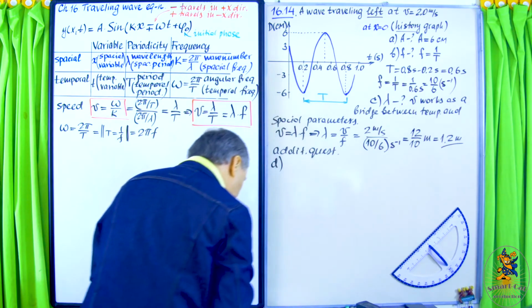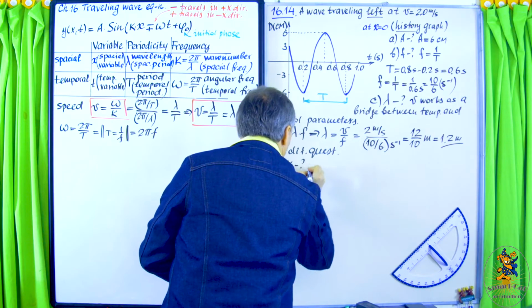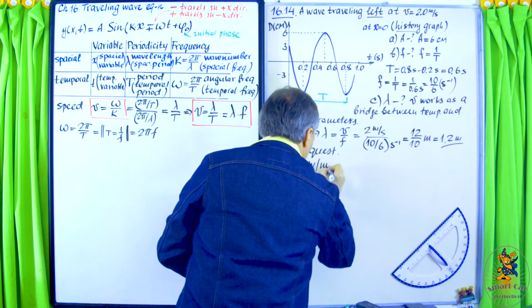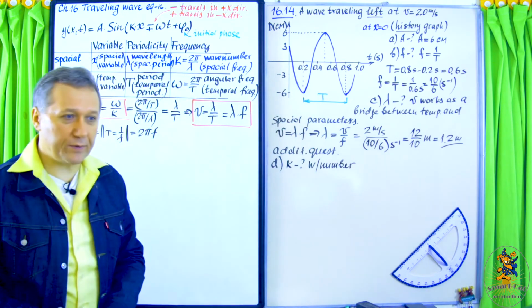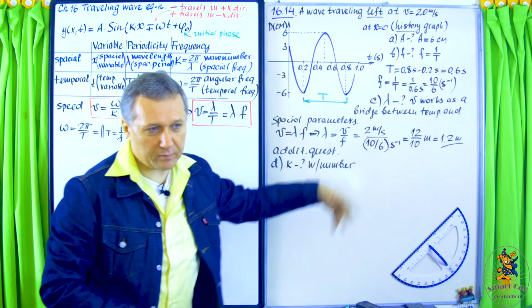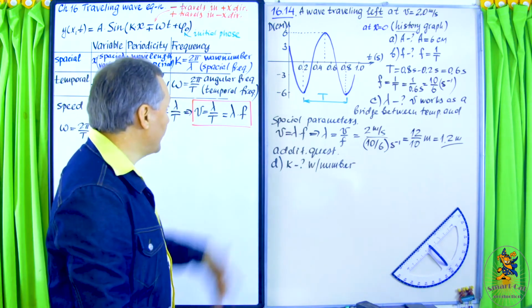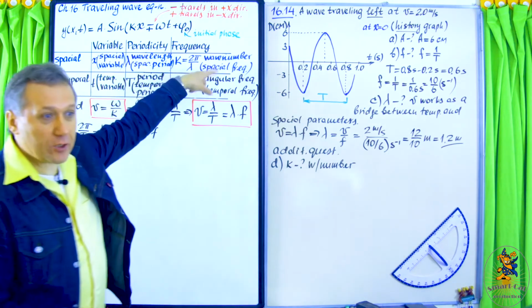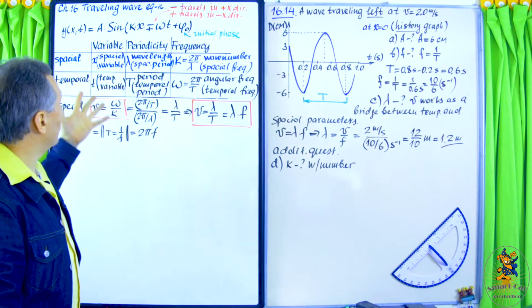Part D. In part D, let's find wave number K. Wave number. Okay, quite often I abbreviate it just W/number, wave number. I'm just lazy to write wave. All right. So wave number, again, it's a spatial quantity, spatial frequency, right? So how can we find it?